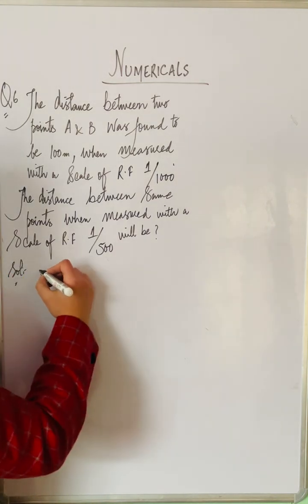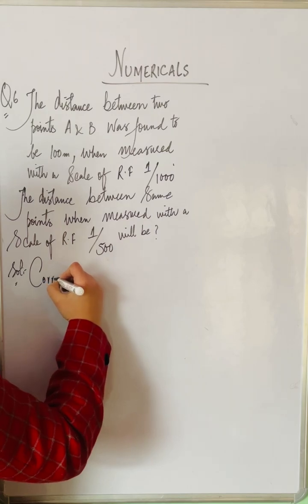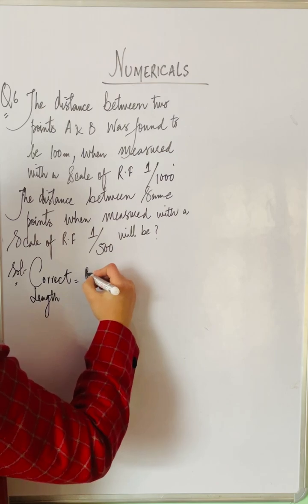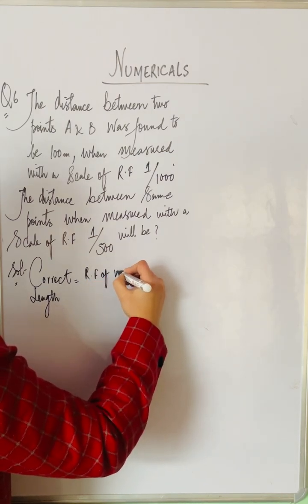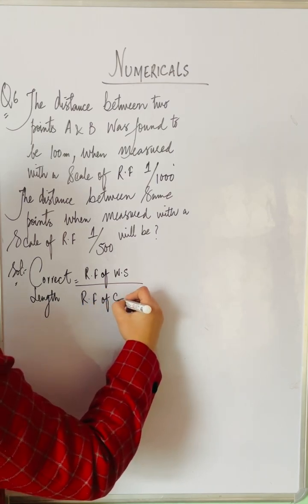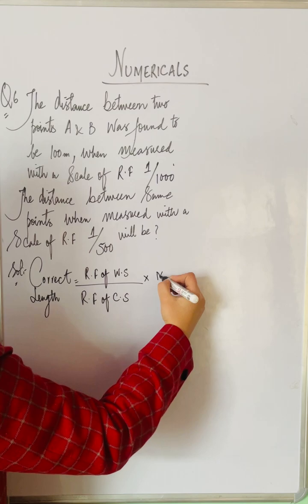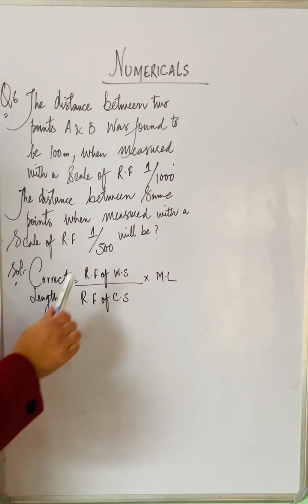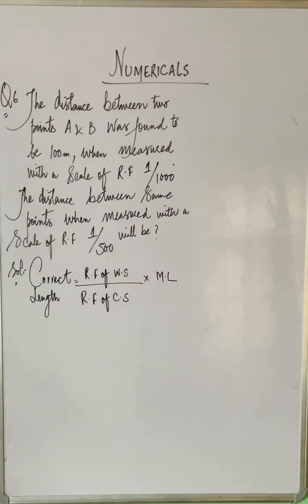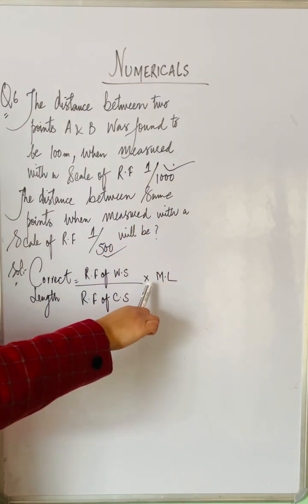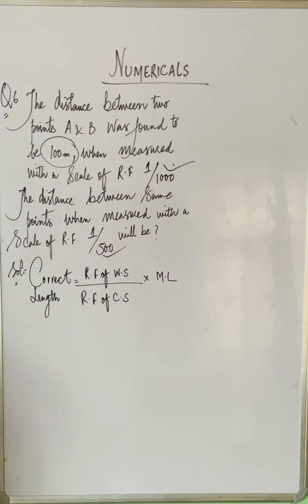If you may recall the discussions held in the theory part of the lectures, correct length is given by representative fraction of wrong scale divided by representative fraction of correct scale multiplied by measured length. Right? So the representative fraction of the wrong scale in this case is this one. This will be the right scale, and the measured length is 100 meters. We have to find the correct distance between the same points.